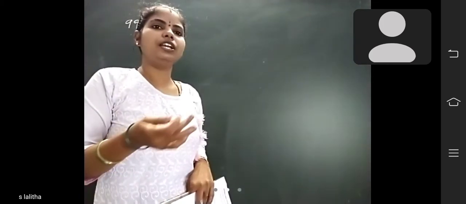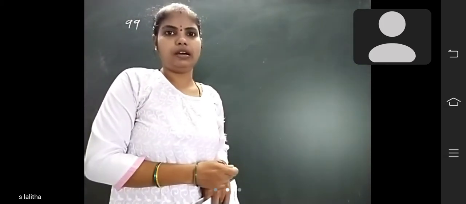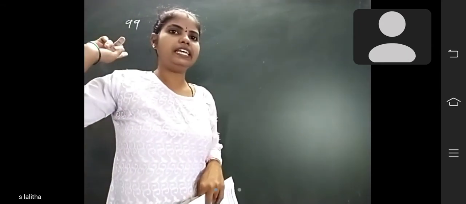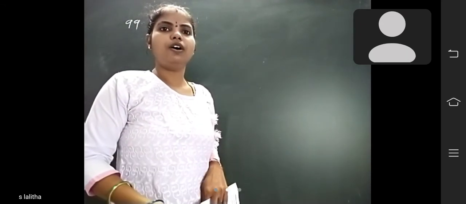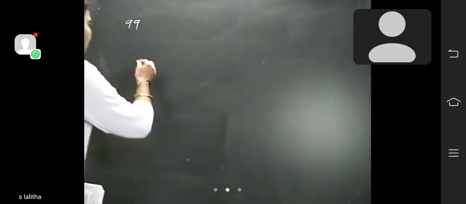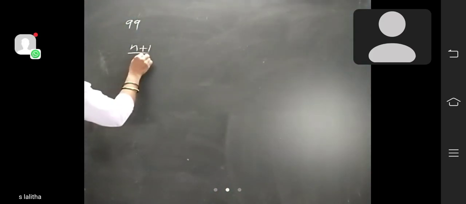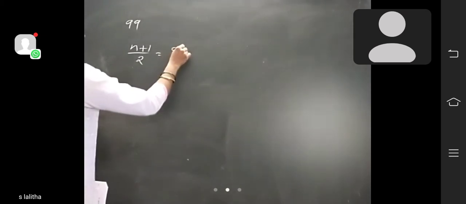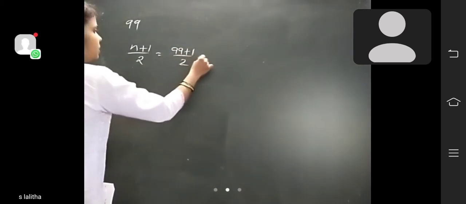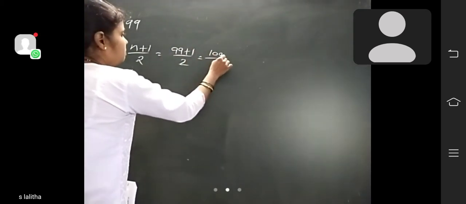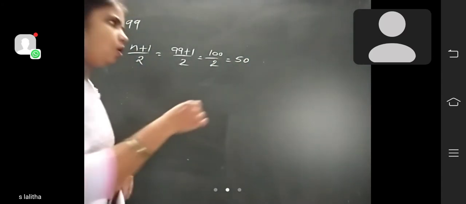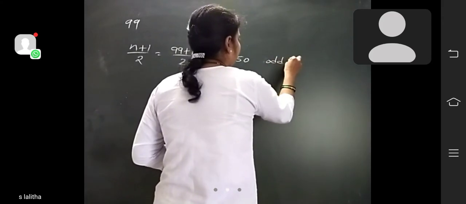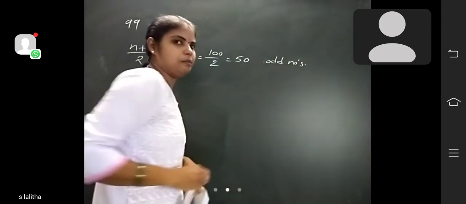In these 99 numbers, how many even numbers and how many odd numbers? 99 is an odd number. So, if n is odd, the formula is n plus 1 by 2. That means 99 plus 1 by 2. 99 plus 1, how much? 100 by 2. That is 50 odd numbers.